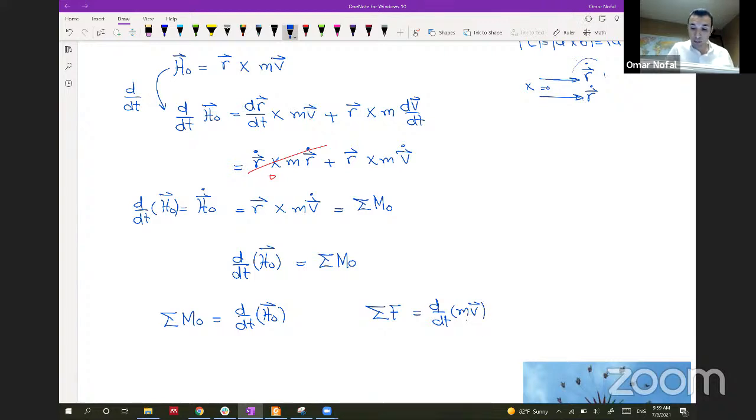So this is the linear momentum, and this is the angular momentum. Here's moment, here are forces, here's angular momentum, here's linear momentum.